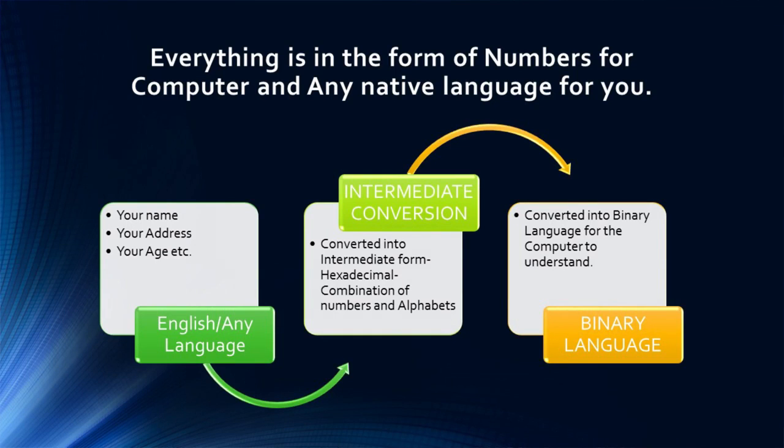Everything is in the form of numbers for any computer, and your native language is different. For example, you would put your name, your address, your age, etc. in English or any language you understand and input it to the computer. Now, an intermediate conversion of that data happens. This means that the data is neither completely in your local language, nor completely in the language the computer understands.